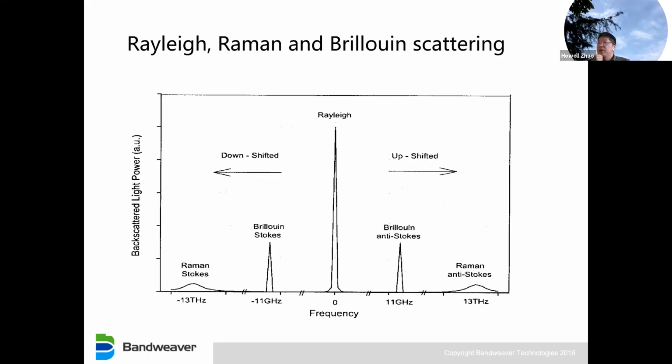Okay, so a little more detail on Rayleigh, Raman, and Brillouin scattering. If we put a laser, light, into an optical fiber, we get some Rayleigh scattering already, without any wavelength shift. So probably a little more explanation about the basic properties of light. We understand that there are different colors of light, red, blue, or infrared.